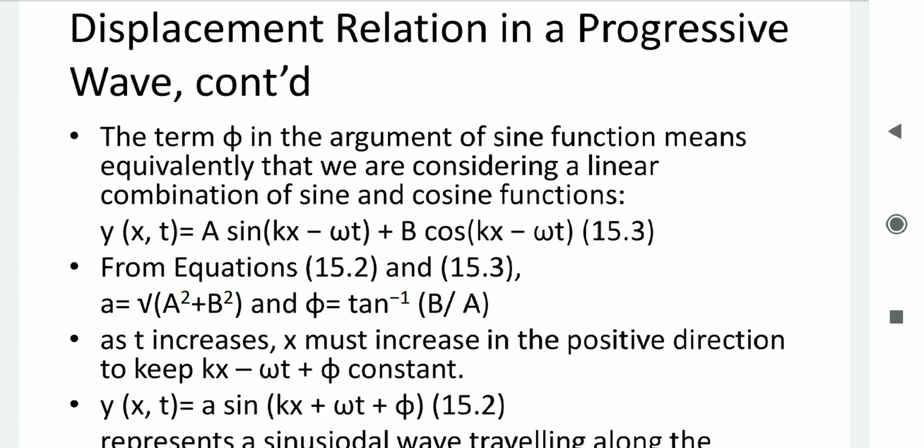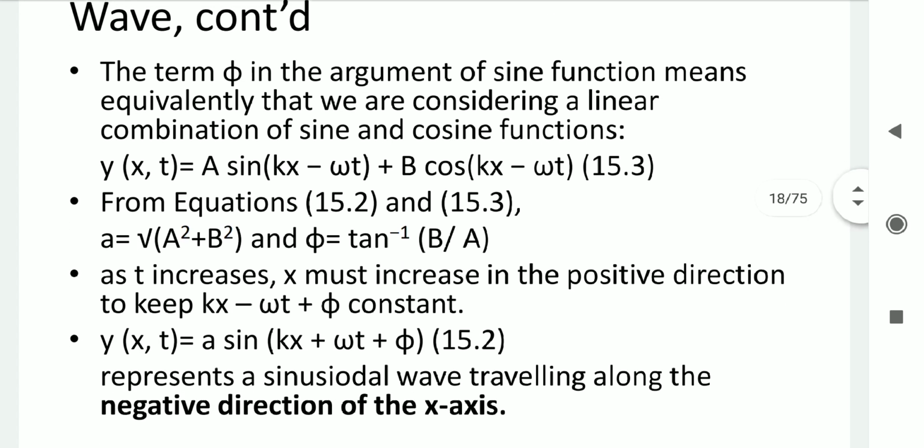Here the magnitude is defined as small a, which will be the square root of a square plus b square, and phi gives you the phase difference between these two waves, which is defined as tan inverse of b by a. As the time increases, the displacement also moves in the positive x direction to keep kx minus omega t plus phi constant.